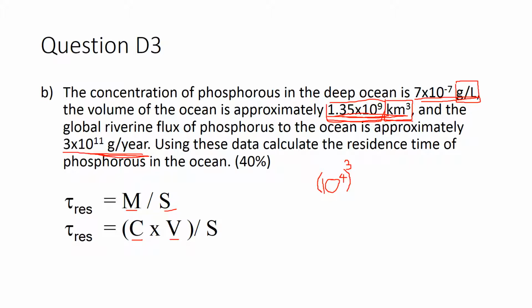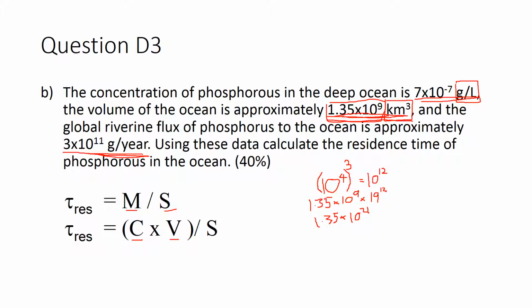So this is the same as 10 to the power of 3 times 4, so that's 10 to the power of 12. So we would now have 1.35 times 10 to the 9 times 10 to the 12, which is equal to 1.35 times 10 to the 21. Just add those things together.